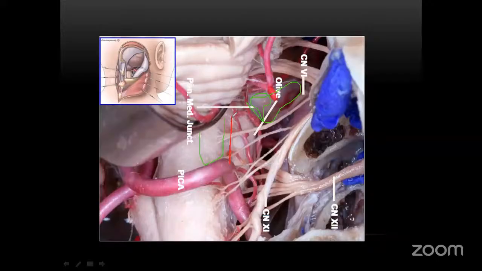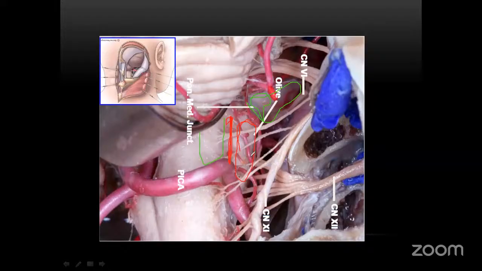Posterolateral sulcus. And what about this one? The inferior cerebellar peduncle. What about this portion? The second bulge. Inferior cerebellar peduncle. Yes.